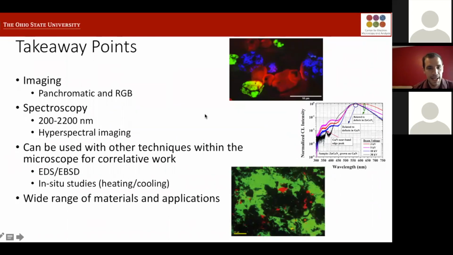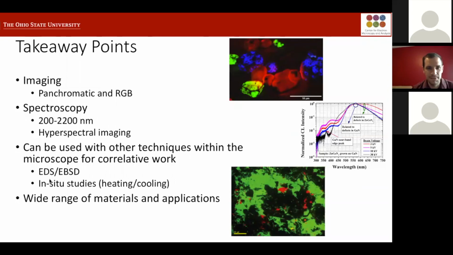And I didn't talk about any of the work here, but it can also be correlated with in situ experiments. So it's compatible with heating and cooling stages. Heating, you might get a lot of IR depending on where you're at there, but cooling your sample, you can reduce beam damage and then also see how things shift as well.